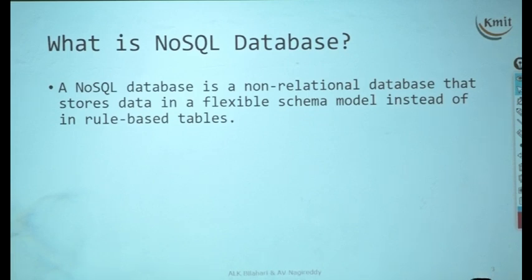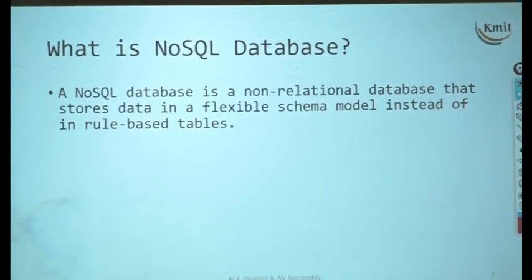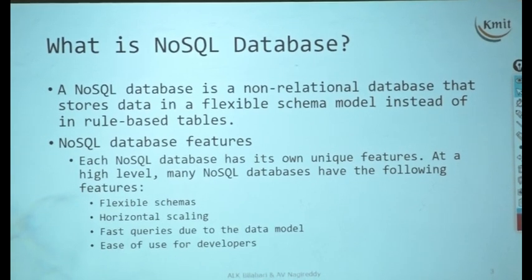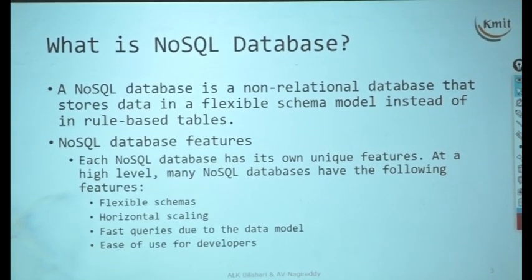It allows whatever fields you would like to create, instead of being rule-based, meaning schema-based. There are other features of NoSQL databases: flexible schema, horizontal scaling, fast querying due to the data model because there is no schema here, and ease of use for developers. If it is a smaller project, I recommend you go with a NoSQL database. All right.